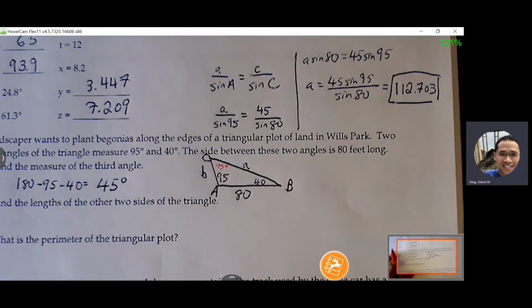I'm doing 45 sine 95 over sine 80, but I'm getting a different answer. Are you in degree mode? I think so. Okay, let me see.